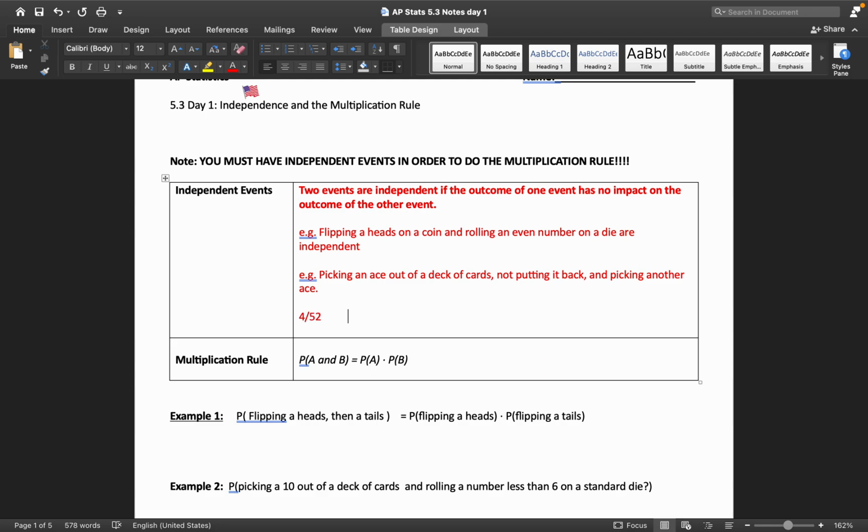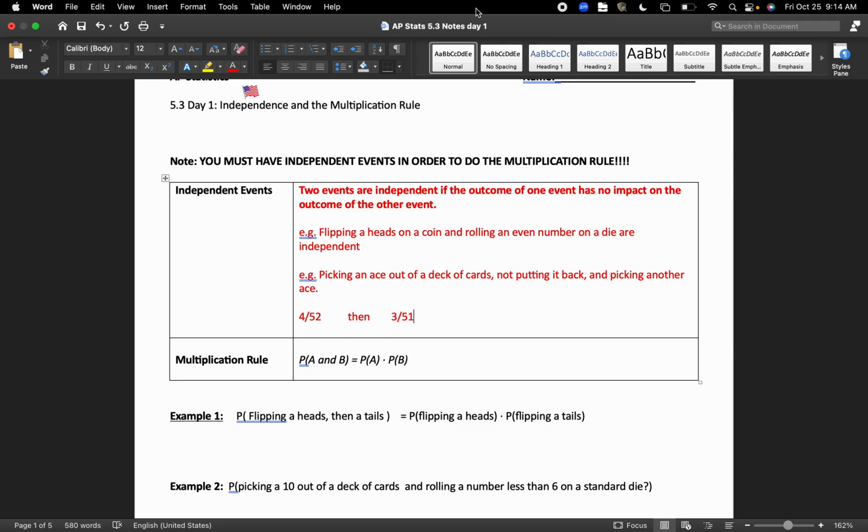My chances of getting an ace the second time would be 3 out of 51, because there are now 3 aces left. So that would be a dependent event because the odds of the second ace went from 4 out of 52 to 3 out of 51 because I didn't put that first ace back.